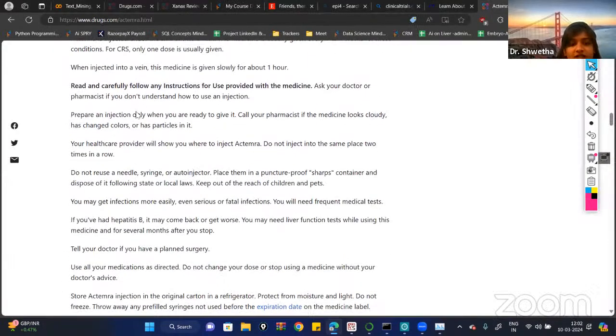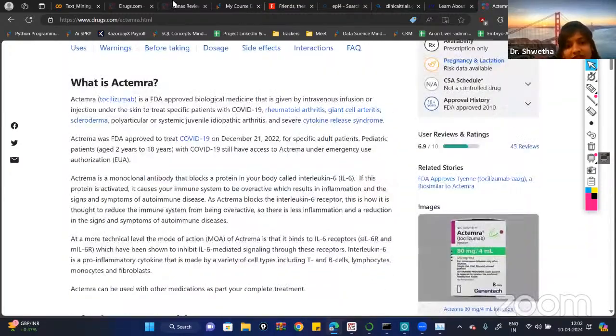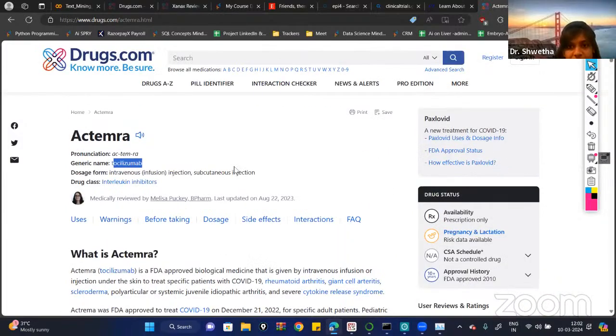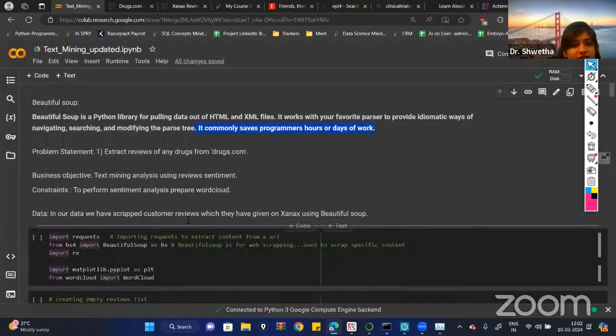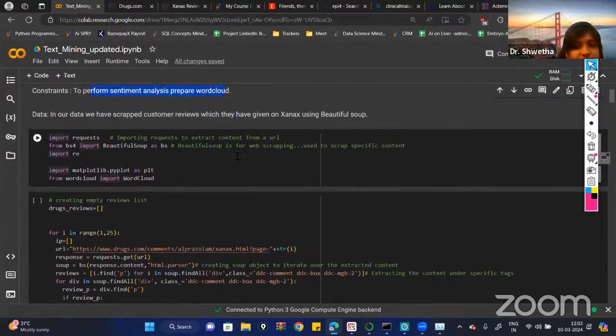Instead of copy pasting, you can just go for scraping this particular web page. Now, the problem statement is we are trying to extract reviews of drugs from drugs.com. The objective would be text mining analysis using review sentiment. The constraint would be to perform sentiment analysis to prepare a word cloud.